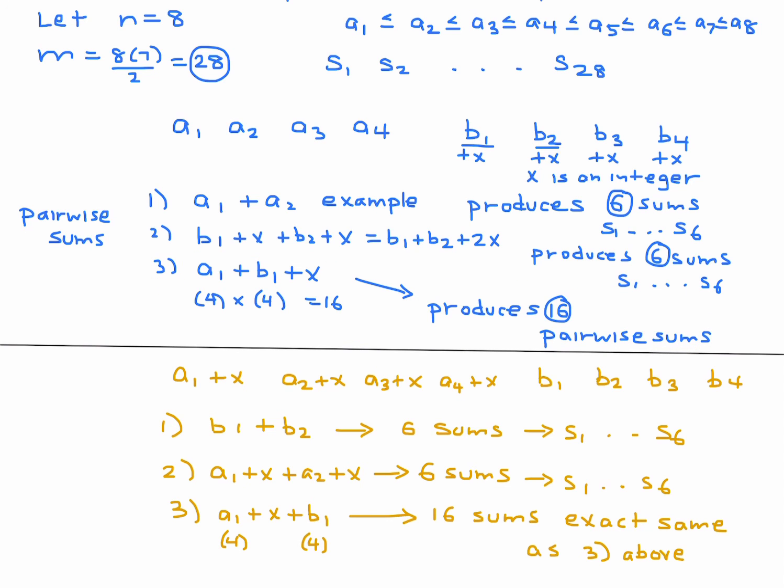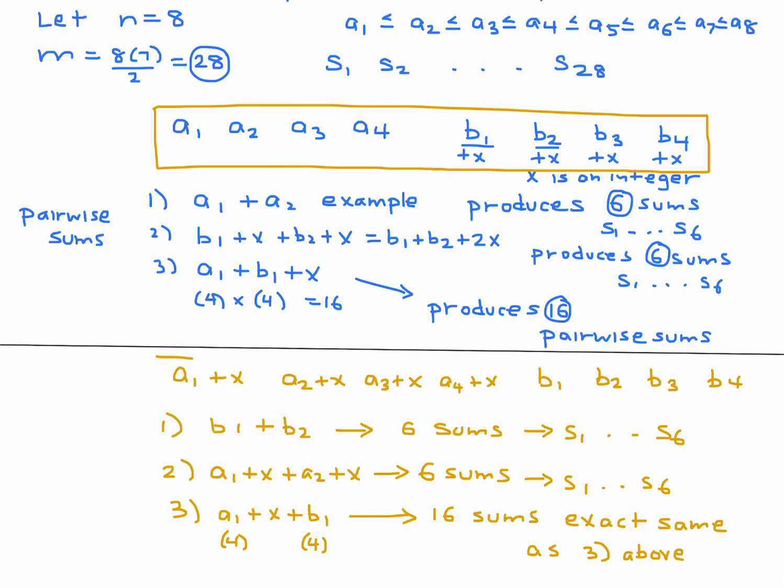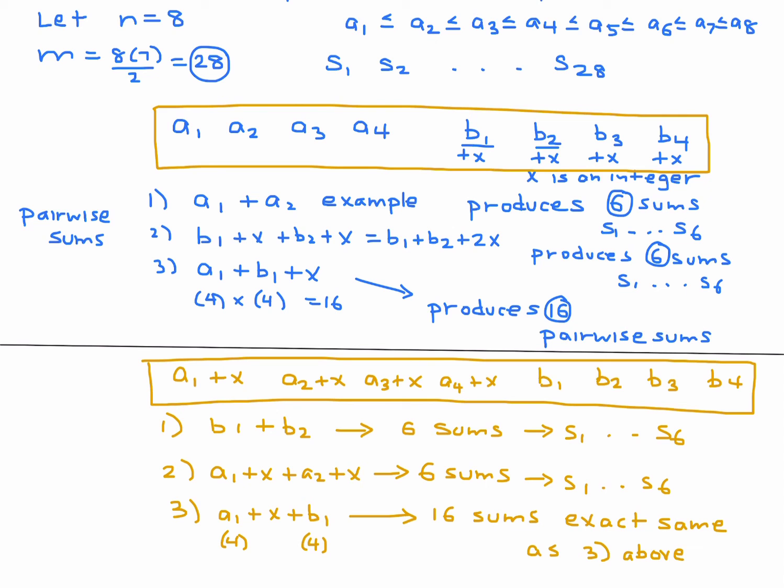Because essentially it's the same, right? A1 plus B1 plus X. A1 plus X plus B1. Doesn't matter if you rearrange it, the sum will be the same. So that shows that if you have 8 terms of this form, and then 8 terms of that form, and you use those 2 different sets of 8 terms, you'll get the same pairwise sums.